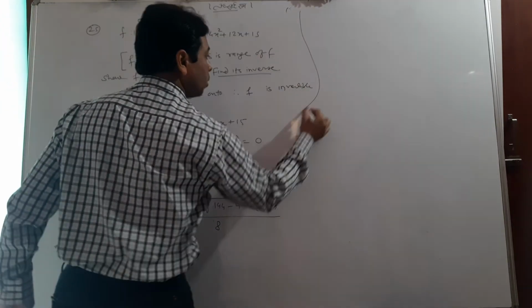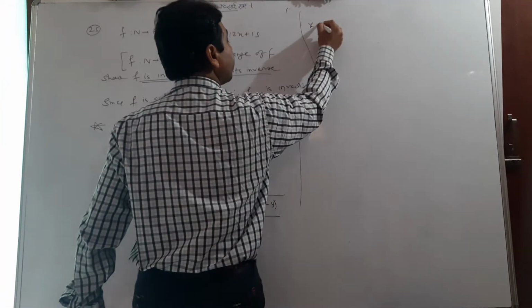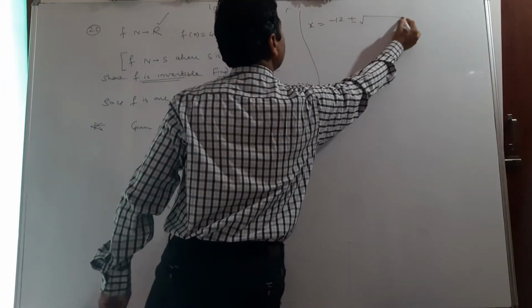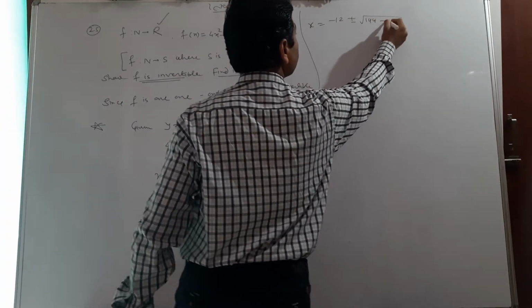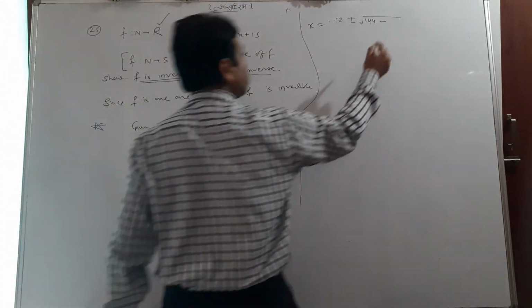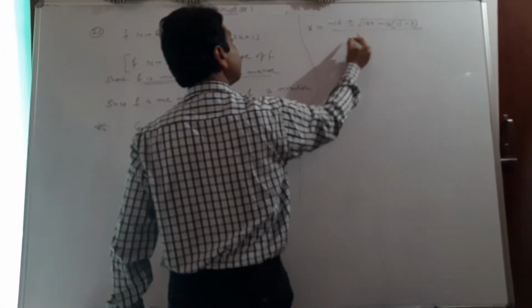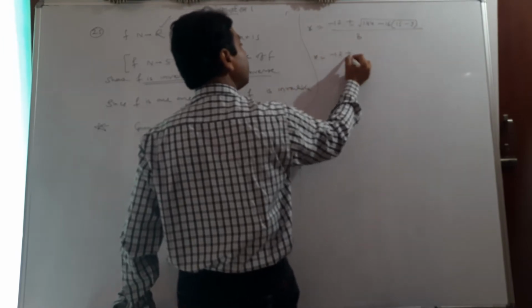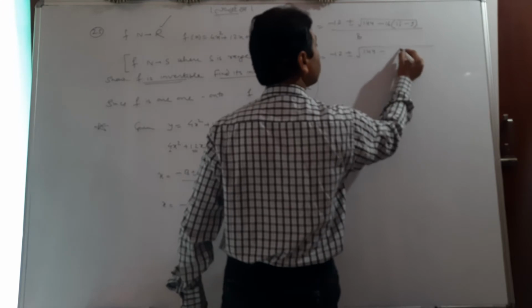Now next, what are we finding? x in the form of y. Look properly. 12 plus minus the square root of 144 minus 4 fours, just 16, times 15 minus y, upon 8. Next is 12 plus minus the square root of 144 minus, multiply.